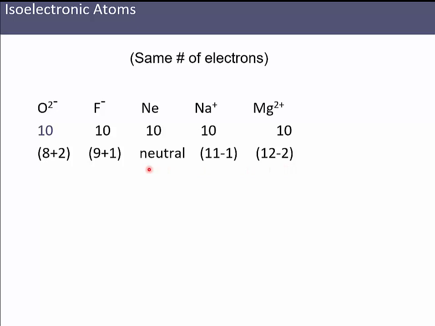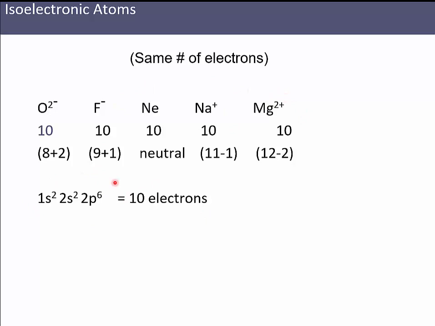Now, these are called isoelectronic atoms. Iso meaning same, and electronic, electrons. So they're all going to have the same electron configuration, 1s2, 2s2, 2p6.